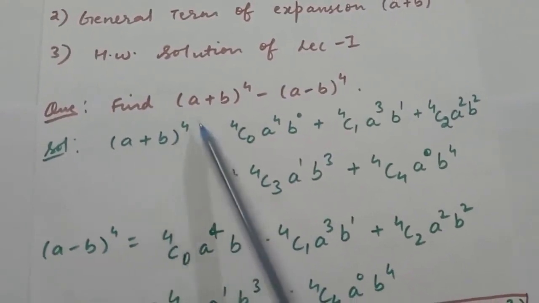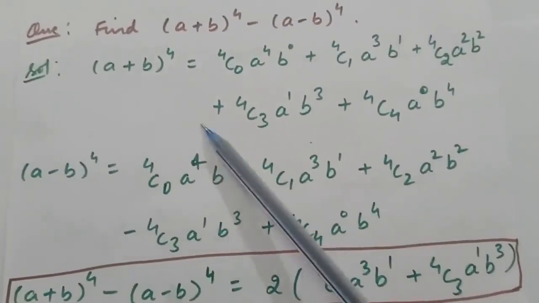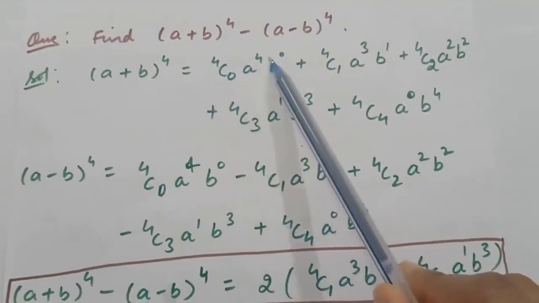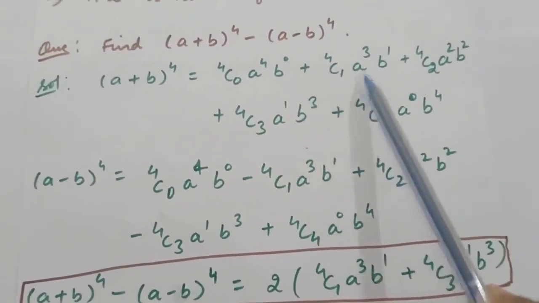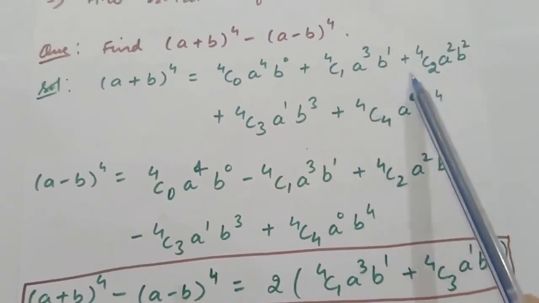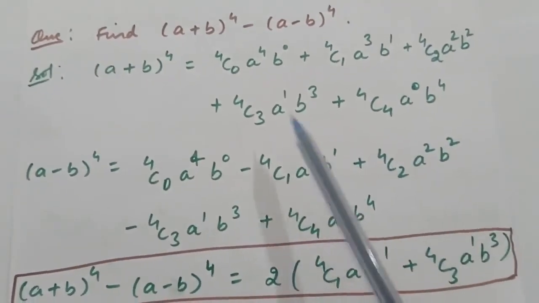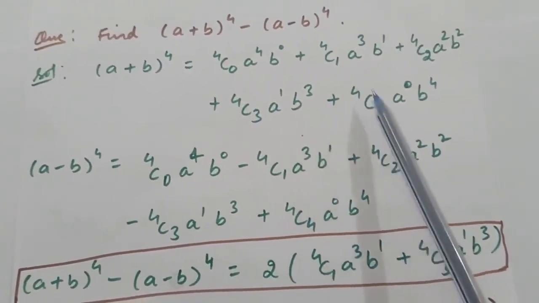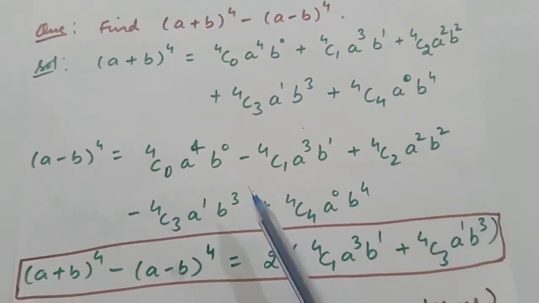So (a + b)^4 will be, calculated using the binomial theorem, 4C0 a^4 b^0 + 4C1 a^3 b + 4C2 a^2 b^2 + 4C3 a b^3 + 4C4 a^0 b^4.